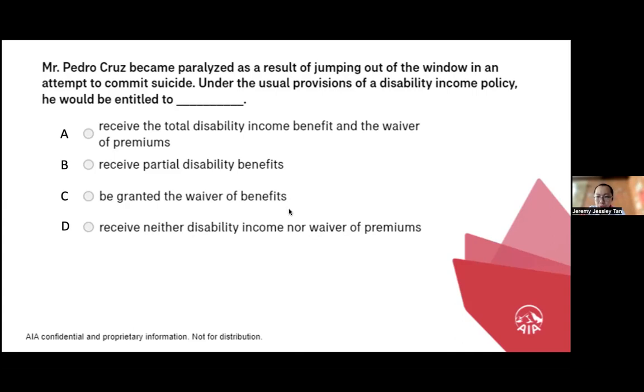Anong ang sagot nyo? Letter D, ang sabi ni Des. Correct answer is D. Since it's attempted suicide, hindi na-consider yan for waiver of premium. So letter D is the correct answer.